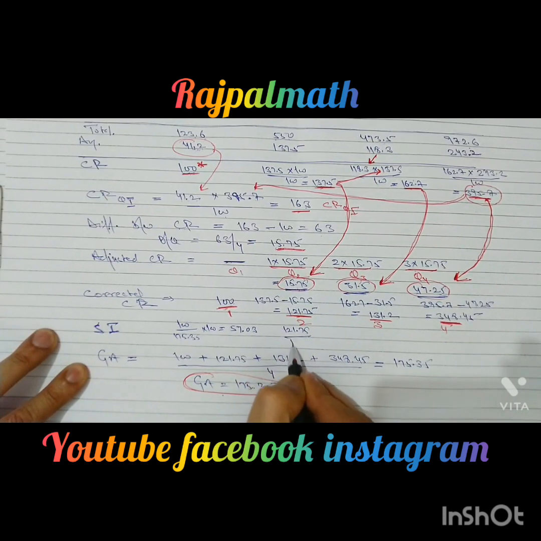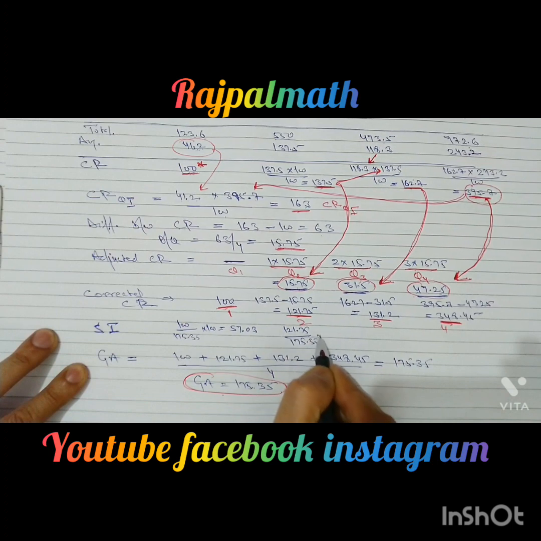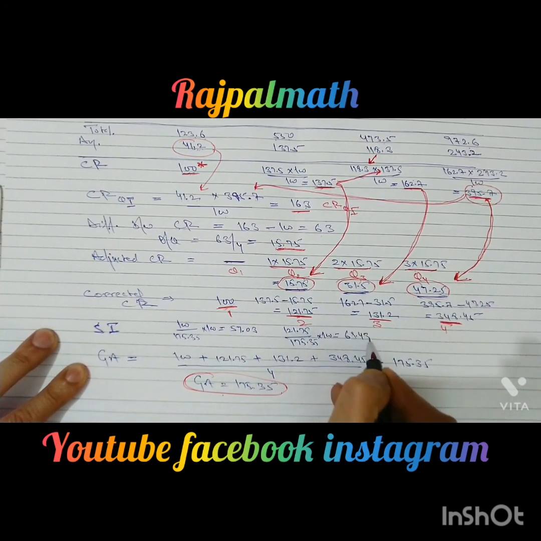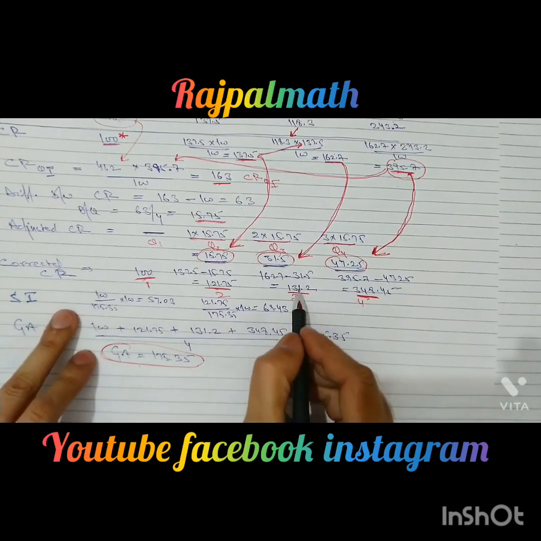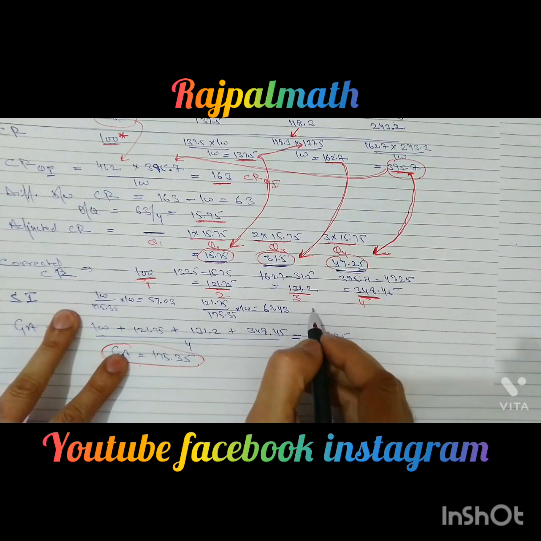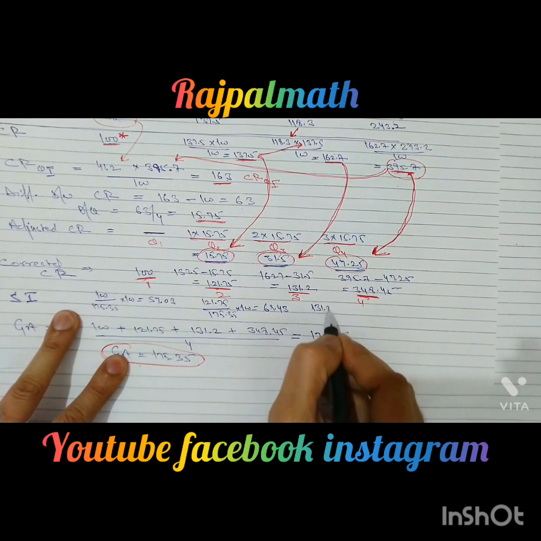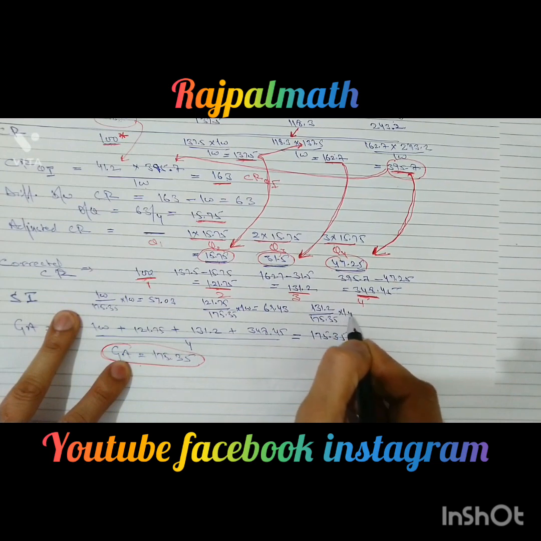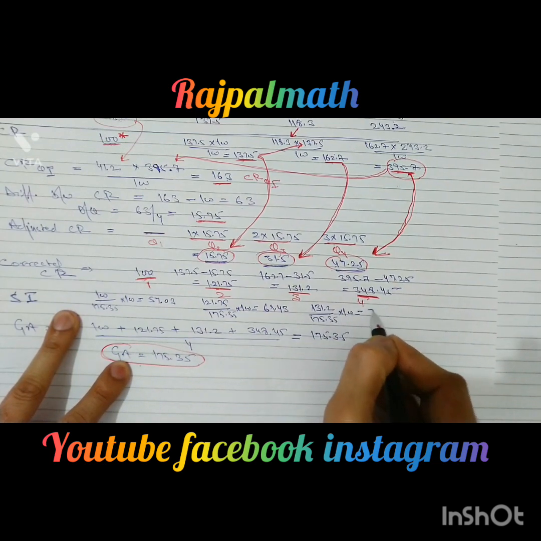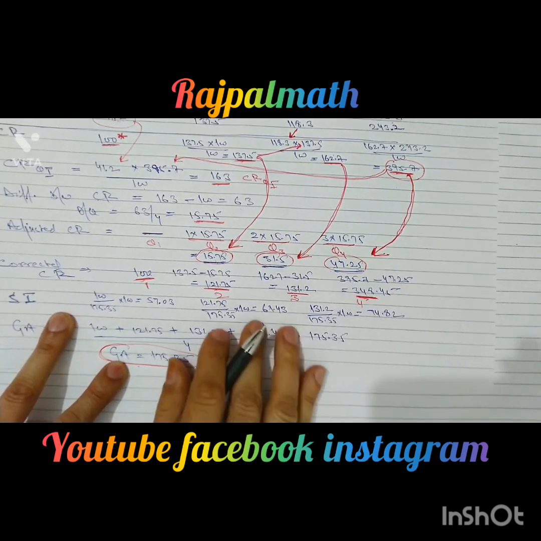Then again, 121.75 over the grand average into 100 comes out to be 69.43. For the next, 131.2 divided by the grand average into 100 comes out to be 74.82.